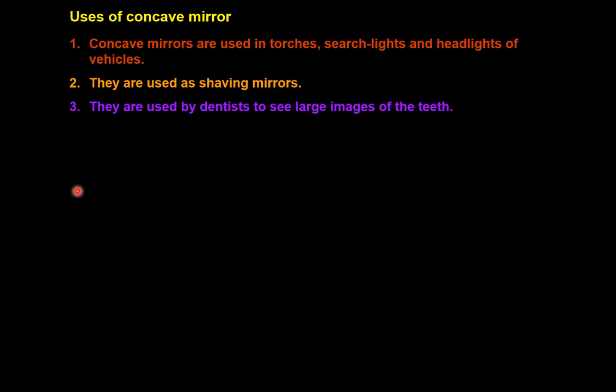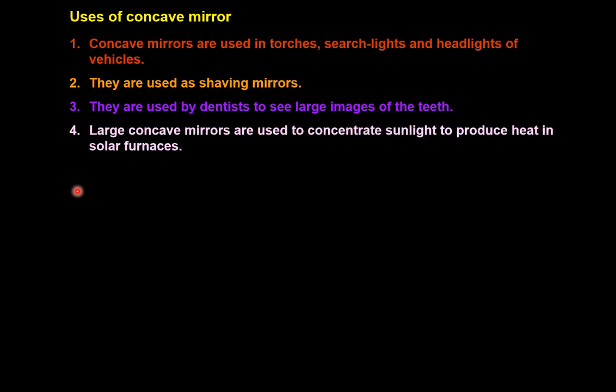Next is, large concave mirrors are used to concentrate sunlight to produce heat in solar furnace. So see here, what is the demand? We have to use sunlight to produce heat. That is, sunlight is present, sun flux is coming regularly, but what we need to do is concentrate it.